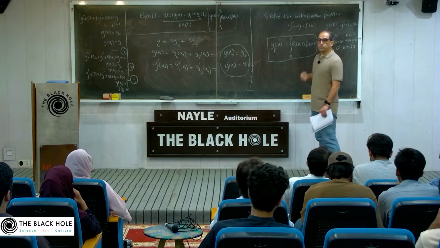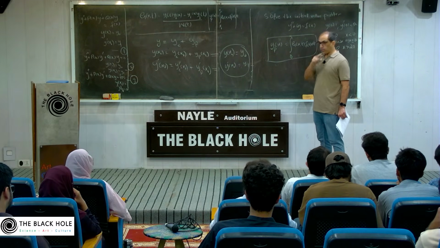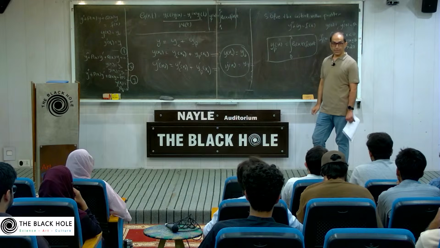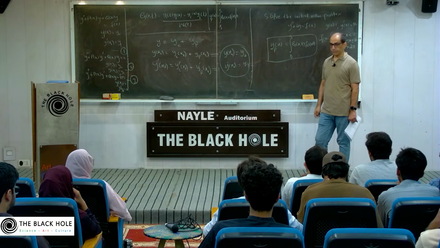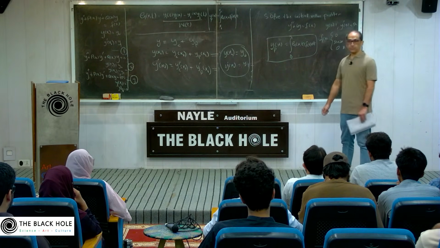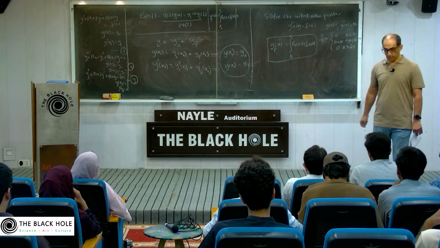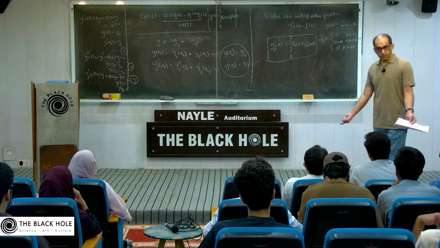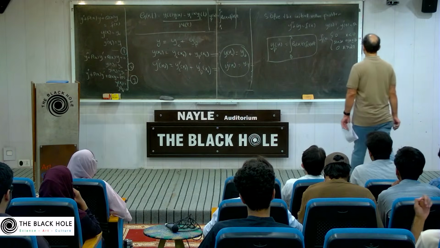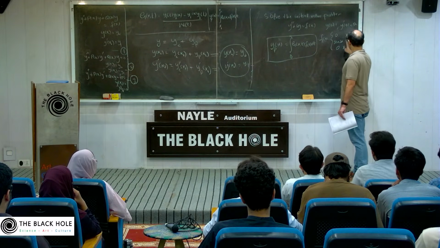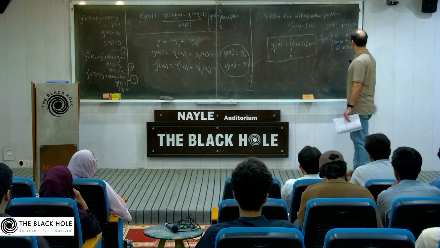So let's say the first part that you do would be what? x less than 0, right? So for x less than 0, what will you do? It will be 0, right? Now look at this.